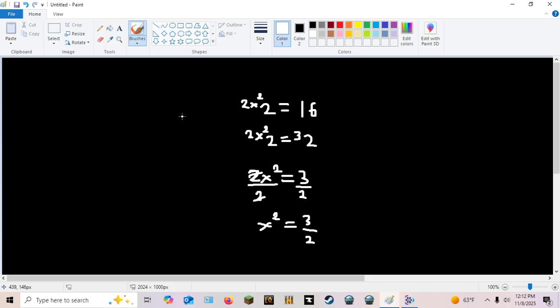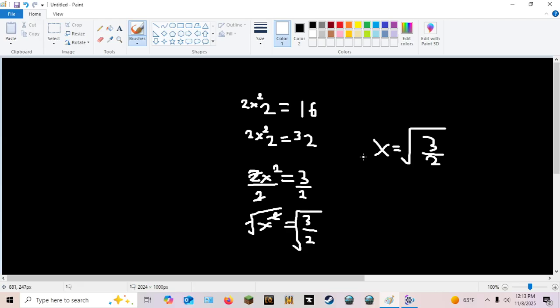So 2 times 3 over 2, the 2's will cancel, giving us 2 iterated to 3, which equals 16. So x squared is correct, but we need to find x. So I need to take the square root of both sides, even the square root of the whole fraction. It will cancel, giving us x is equal to the whole square root of 3 over 2.